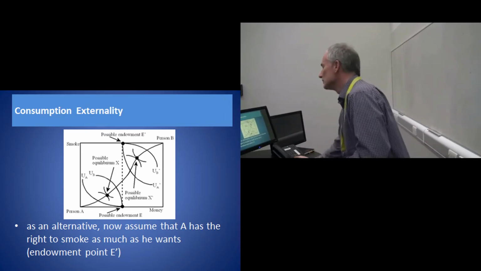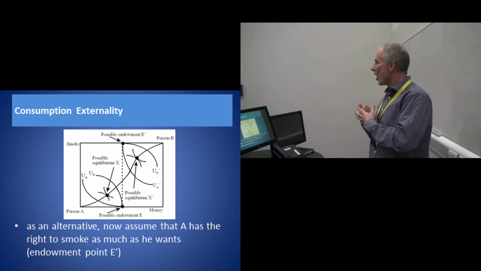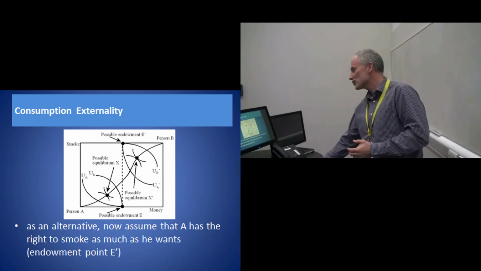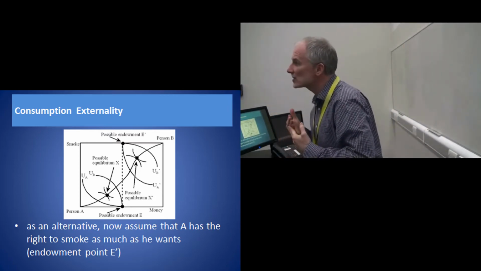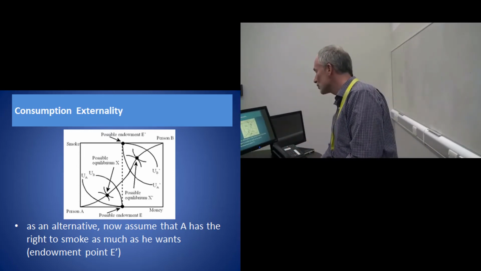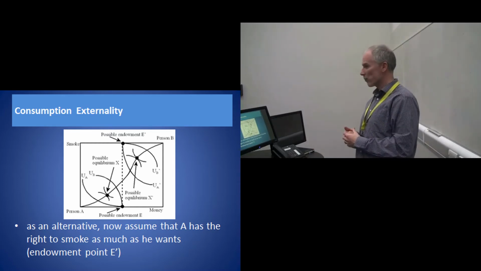Well, what would happen at point E prime? Again, we'd ask ourselves, are our roommates happy to stay there? They wouldn't be, because if we draw the indifference curves for person B and for person A that pass through this initial endowment point, they cross. Therefore, it's a Pareto inefficient outcome. And if they move into this Pareto improvement set, the area bounded between the two indifference curves, we make both parties better off.